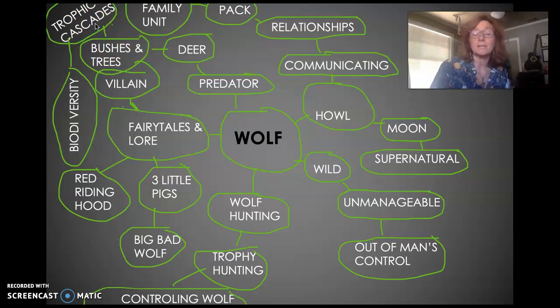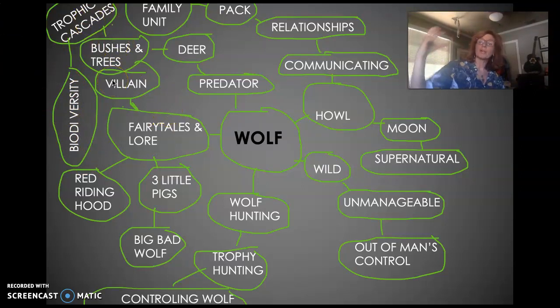Trophic cascades basically comes out of this idea of biodiversity. It means that the predator, the apex predator, works on all of the prey, and the prey works on the flora and fauna, all the way down to the rivers.